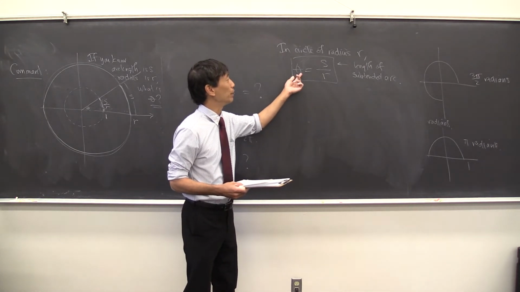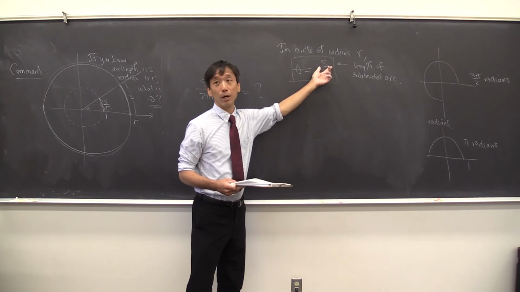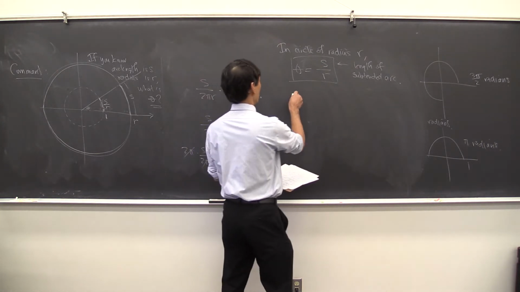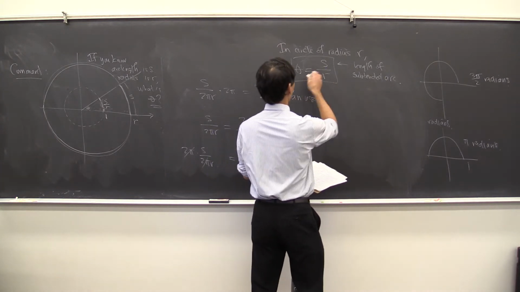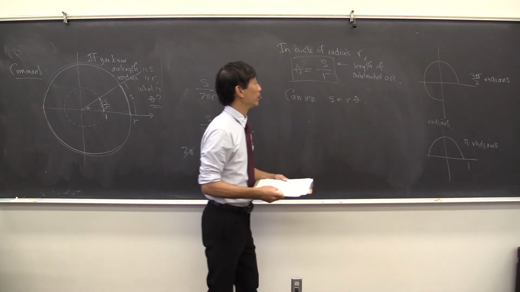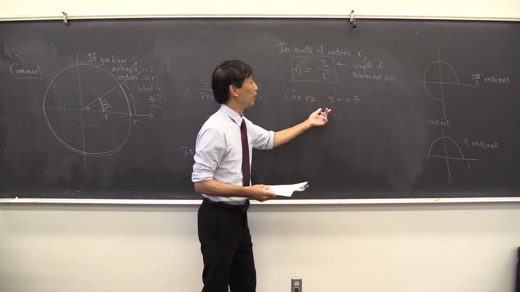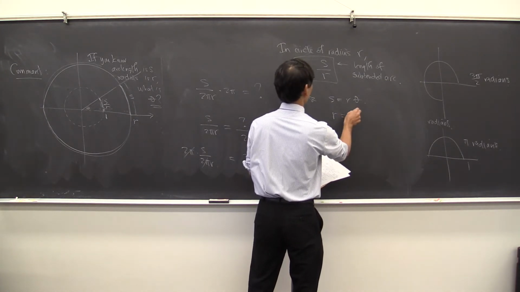If you know the angle and you know the radius, then you know the arc length. So use it however you feel like. s is r times theta. Theta is s over r. r is s over theta.